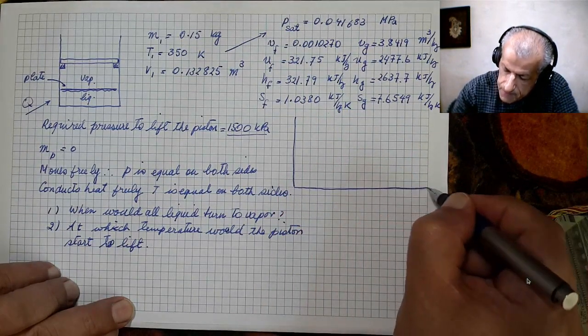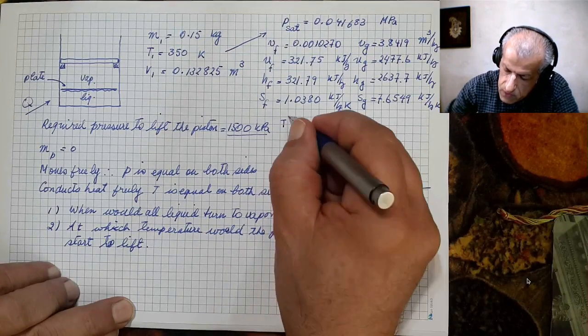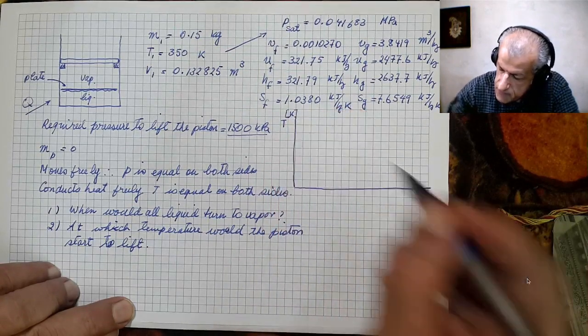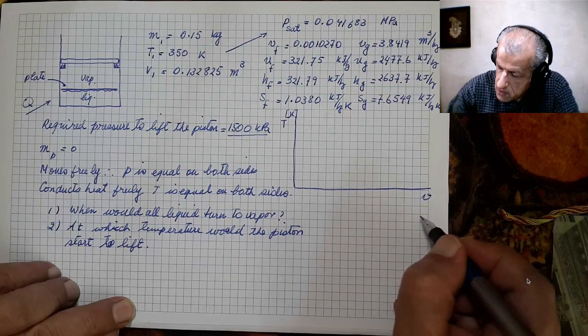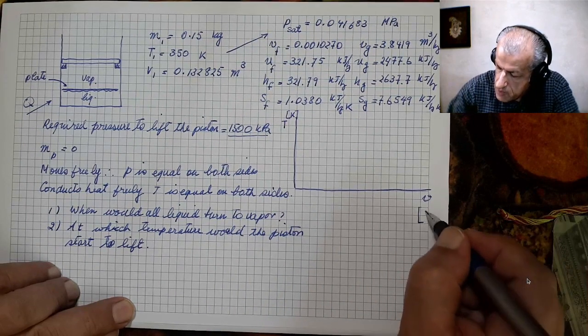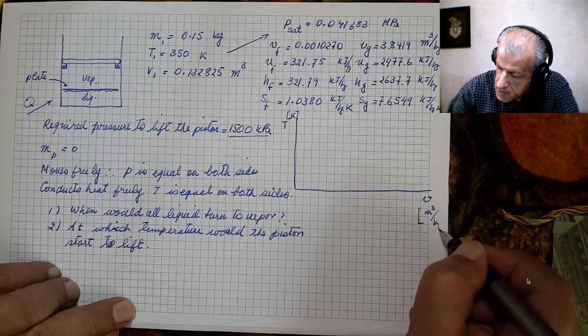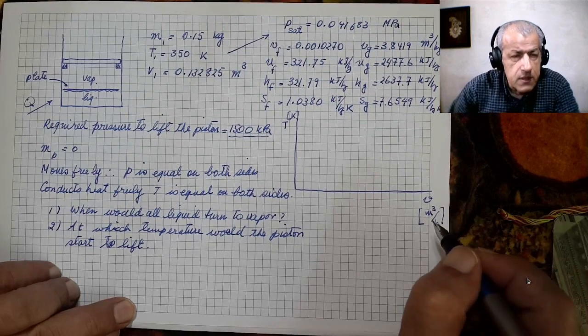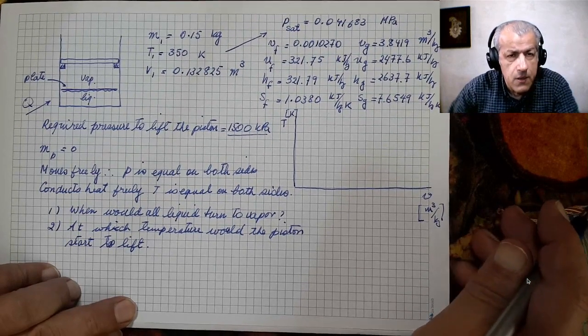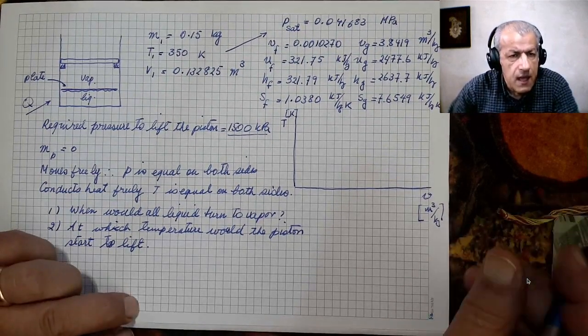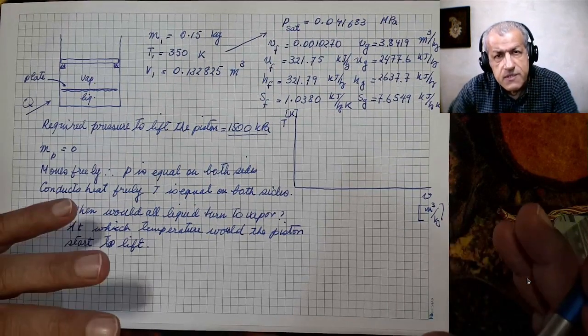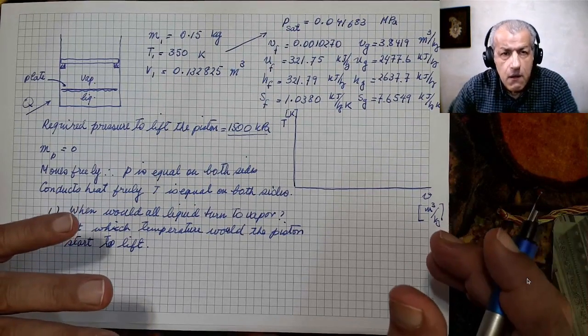It helps us. This is T, which is in kelvins, and this is V, which is in cubic meters per kilogram. Please note that different books have different tables, and they are all correct.